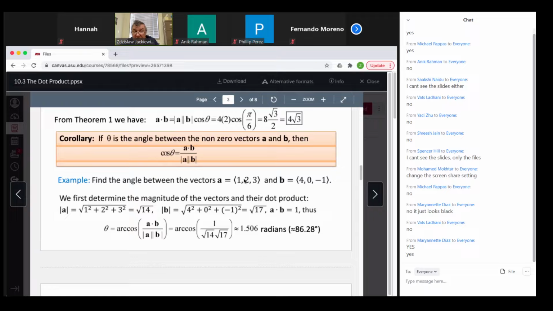So the dot product is 1. Now magnitude of this one is square root 14, magnitude of this one is square root 17. So the angle between those vectors is inverse cosine of this number. If you use your calculator, this is 1.5 radians, or roughly 86 degrees.